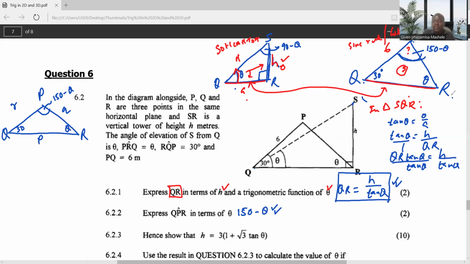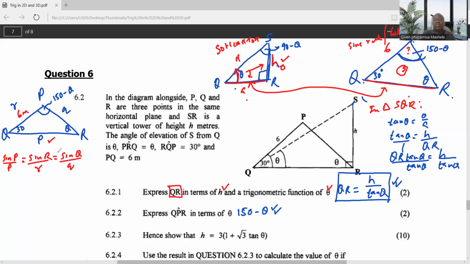QR, we just got it now. It's h over tan theta. So now let's use the sine rule. Sine angle P over small p, sine angle R over small r, sine angle Q divided by small q.